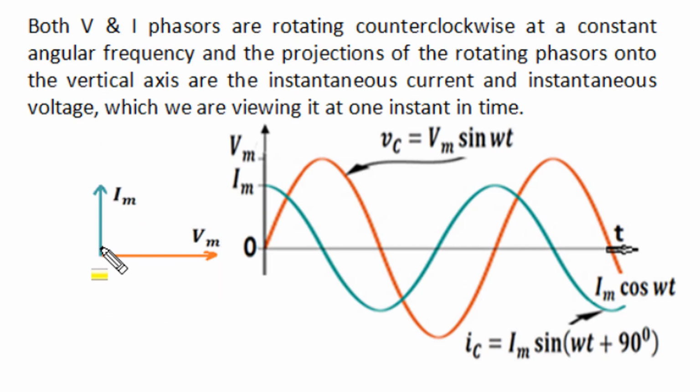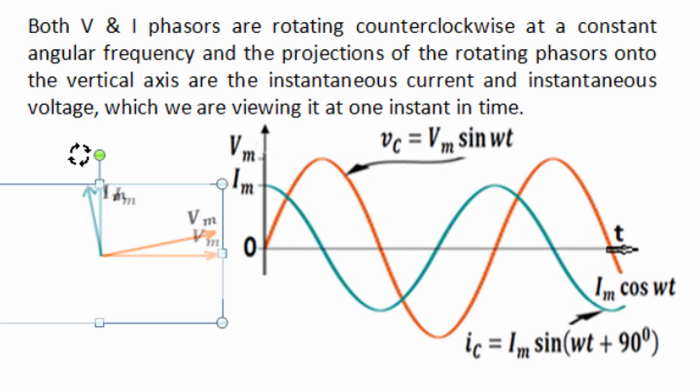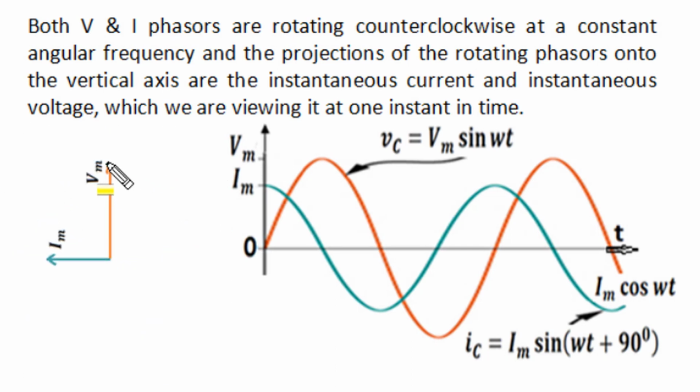At t equal to 0, voltage at horizontal reference indicates 0 instantaneous magnitude as its projection on the vertical axis, and current represents maximum peak magnitude as its projection on the vertical axis at t equal to 0. And after 90 degree rotation in the anticlockwise direction, the instantaneous position of the phasor represents 0 instantaneous magnitude for charging current and peak voltage across the capacitor plates.